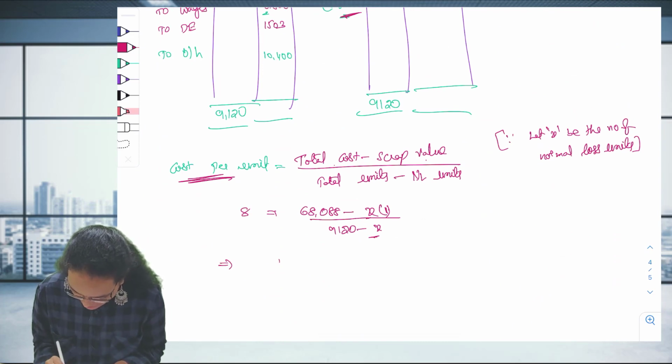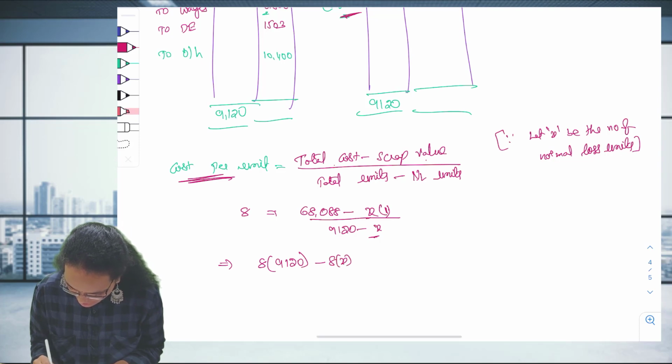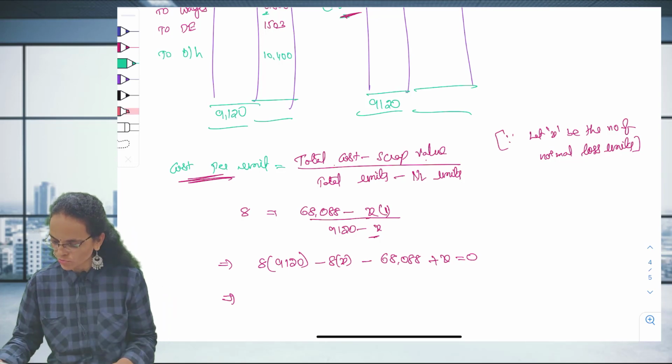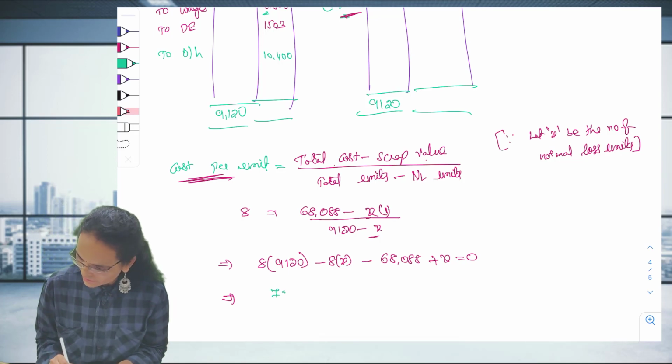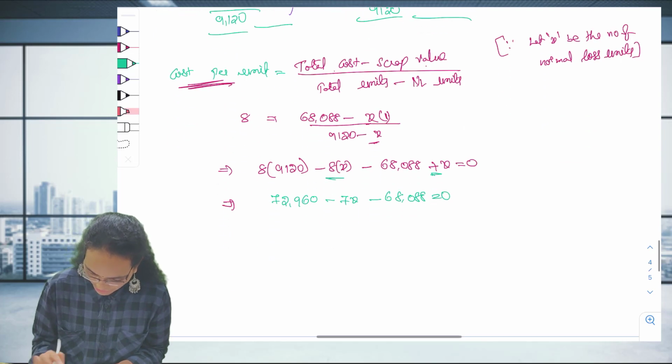So you calculate it. 9,120 into 8 minus 8X minus 68,088 plus 8X. So 9,120 into 8 minus 7X minus 68,088 equal to 0.